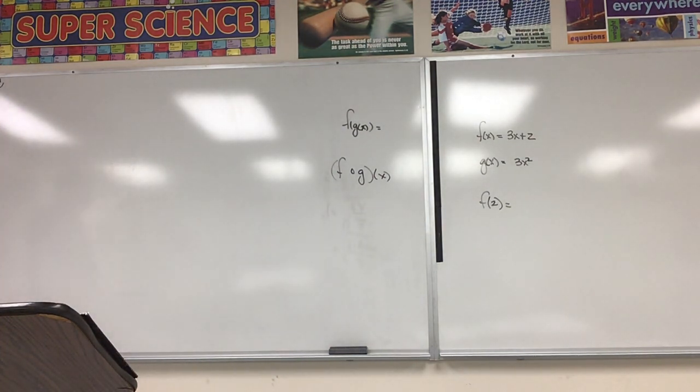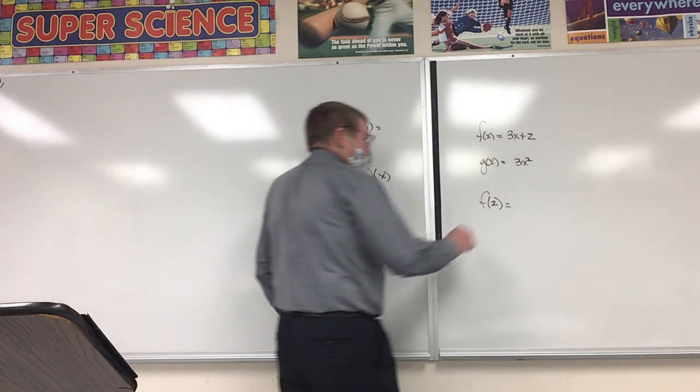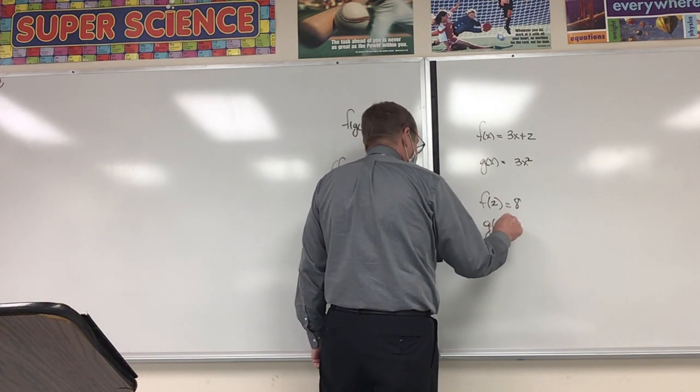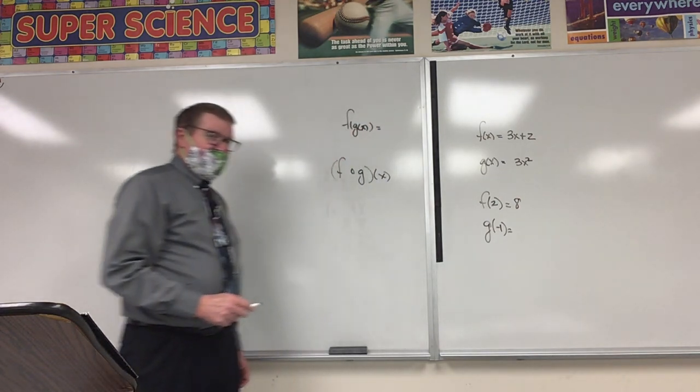Function notation. Put 2 in for x in the f function. Alright, in the f function, we're going to put 2 in for x and then evaluate, which would make it what? 8.